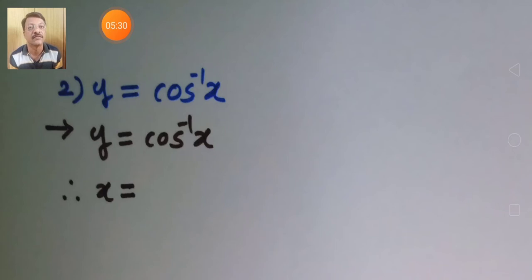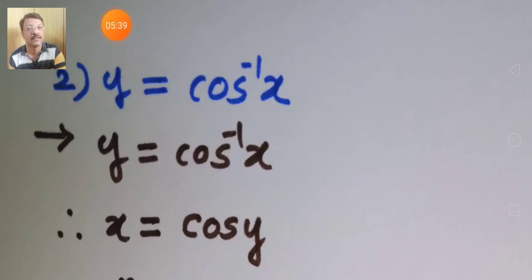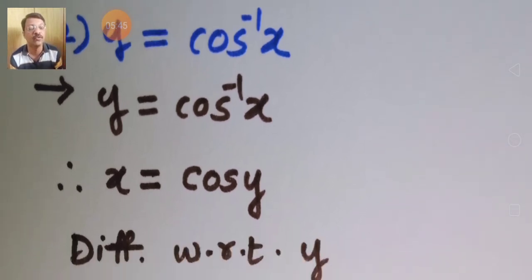So here it is, y is equal to cos inverse x. How do you write it? As x is equal to cos y, then differentiating with respect to y. So what do you expect in the next step?